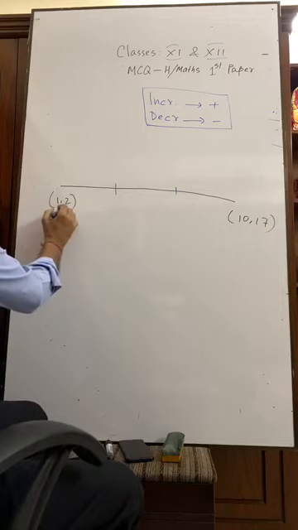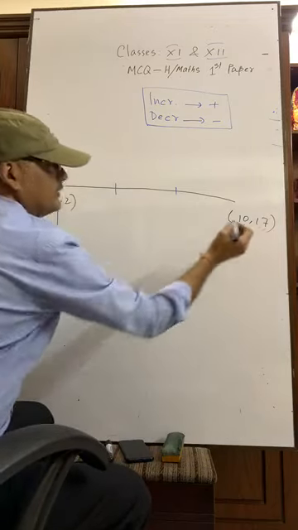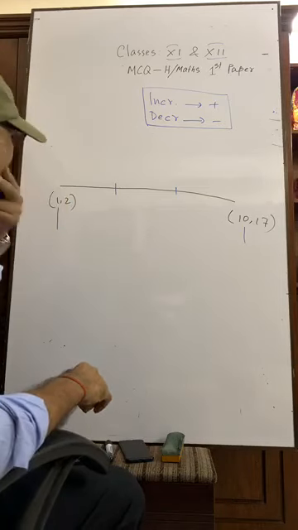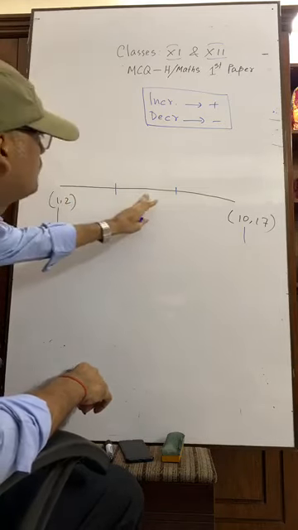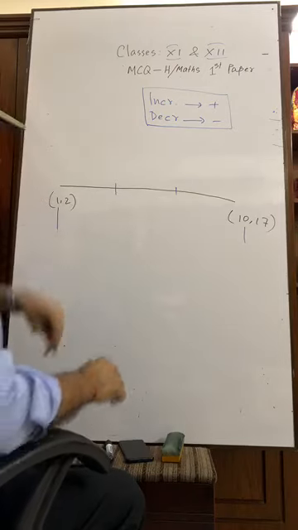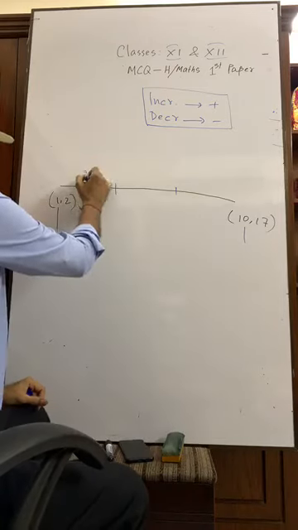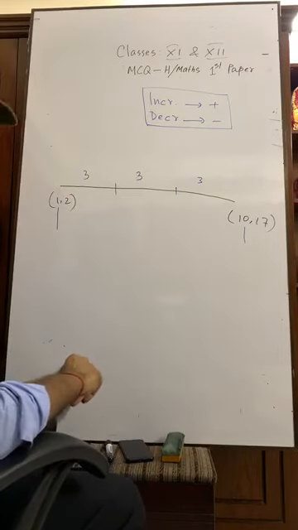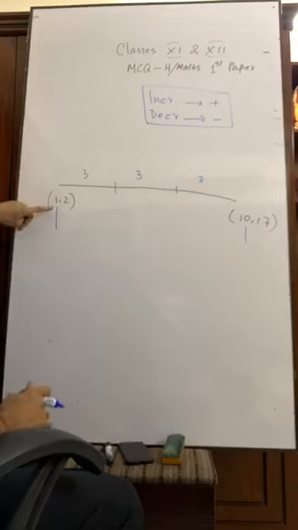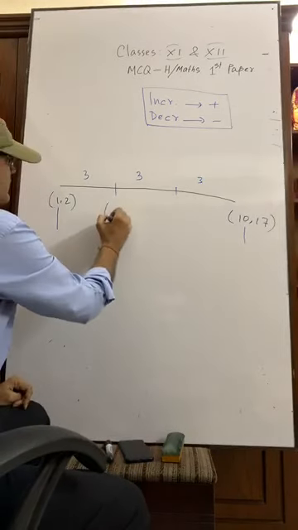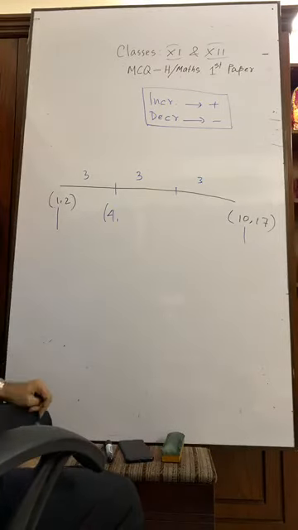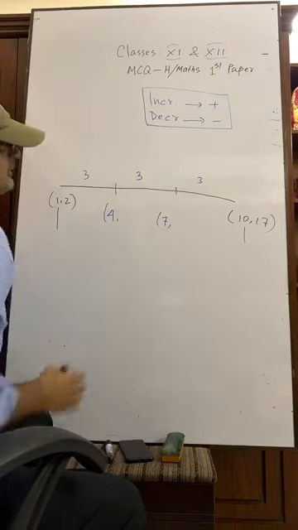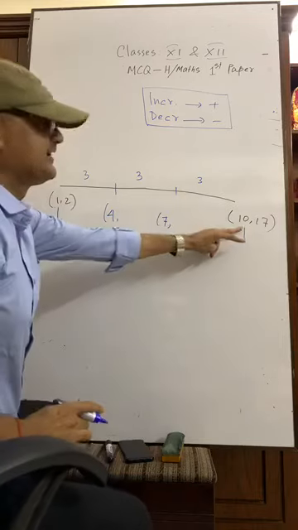What is the difference between 1 and 10? 9. Is it? How many parts are there? 1 part, 2 part, 3 parts. So 9, that means it is 3, it is 3, it is 3. Now see, 1 plus 3 equals to 4. 4 plus 3 equals to 7. 7 plus 3 equals to 10.